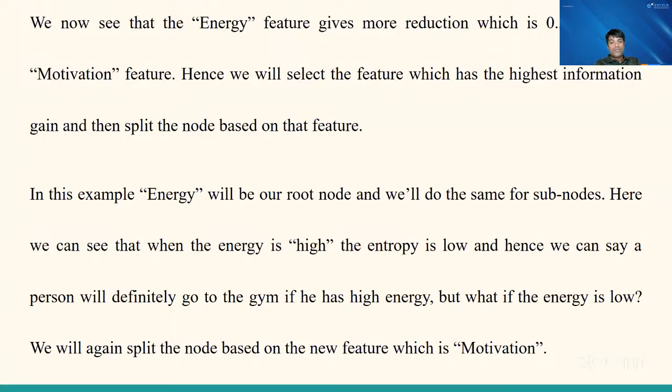So in this example, what is happening is we are taking the energy as high, right? And I've mentioned clearly in this example, energy will be the root node, obviously, because energy should be high. And we'll do the same here for the subnodes.